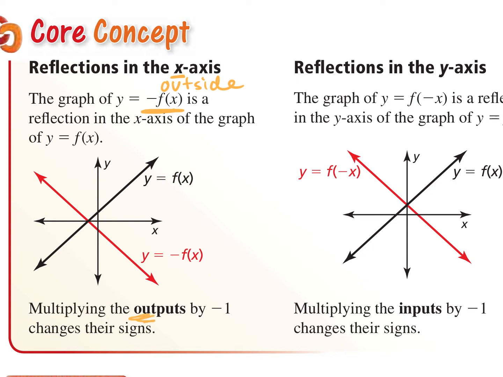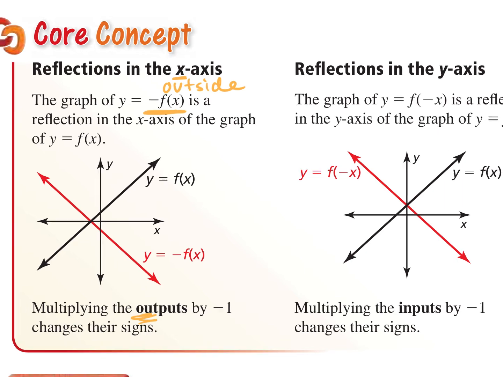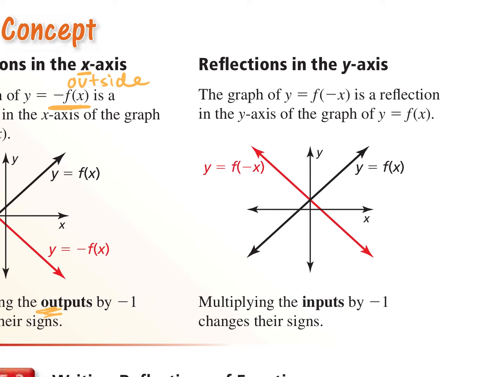So we're multiplying the output, the outside. Now reflection in the y-axis is inside. That just happens directly to the x, to the inside.